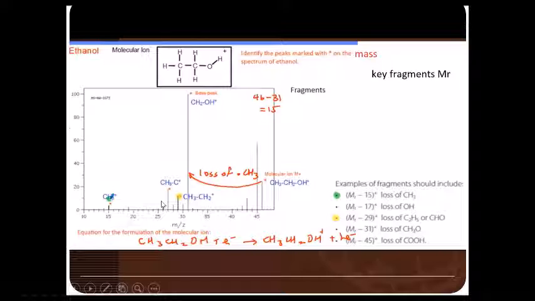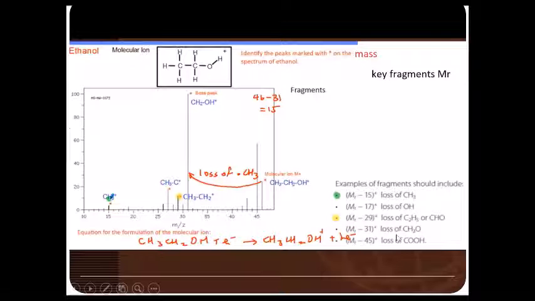Now, these are some typical fragments that you basically need to remember according to IB, and this is where it's summarized right here. Loss of CH3 is associated with an M value of 15, an M value of 17 is loss of OH. At 29, it's CHO or C2H5.